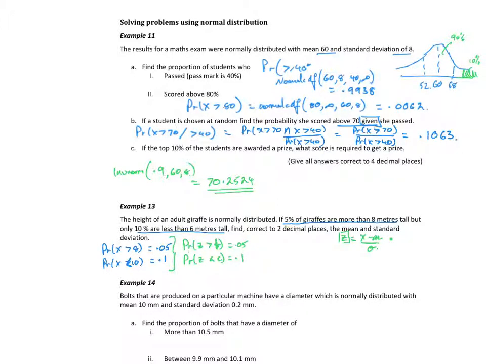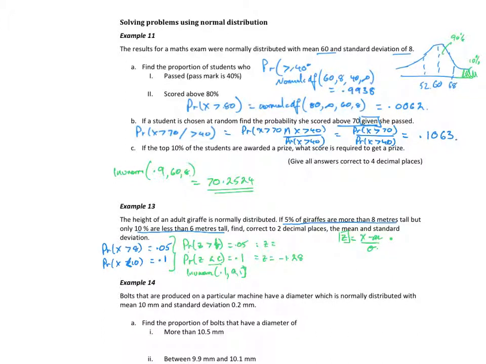So using my standard normal curve, this gives me a Z value. So for the chance of less than some value, we're going to type in inverse norm 0.1, and 0.1 gives a Z value of negative 1.28.